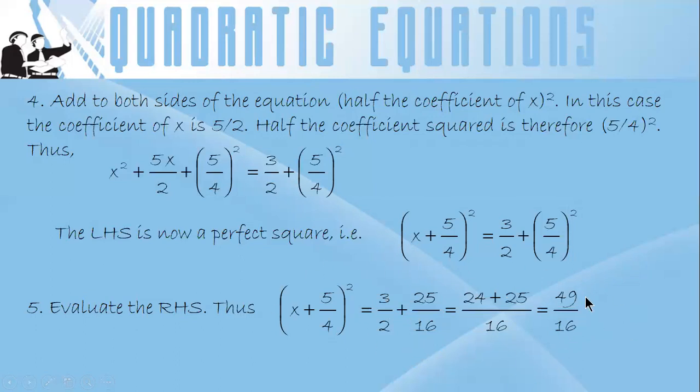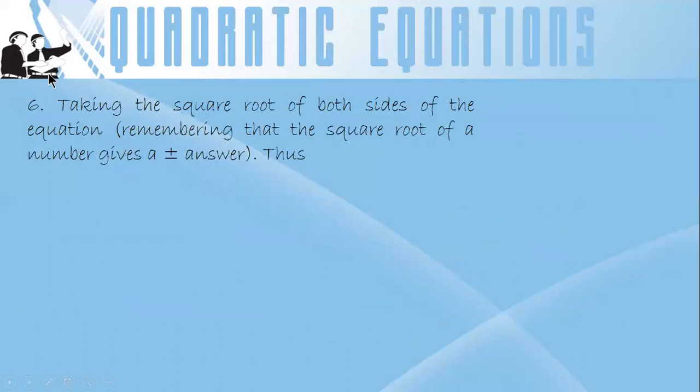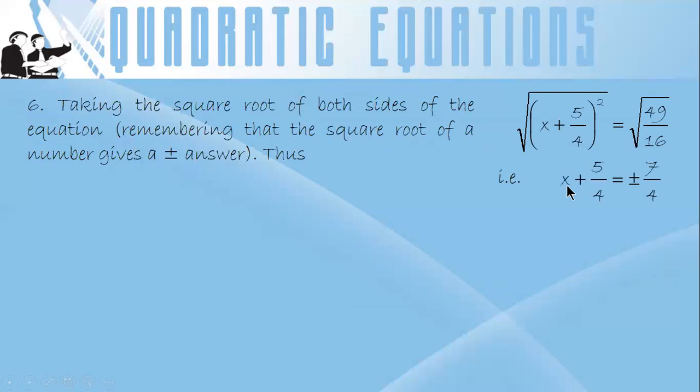After this, the step is to take the square root of both sides of the equation. And remember that the square root of a number gives a plus or minus answer. Square root of 49 is 7, square root of 16 is 4.